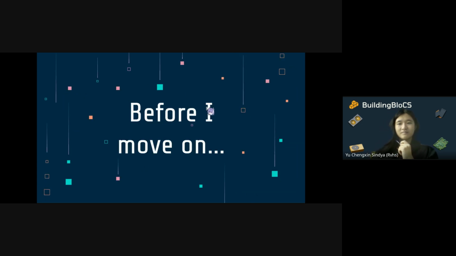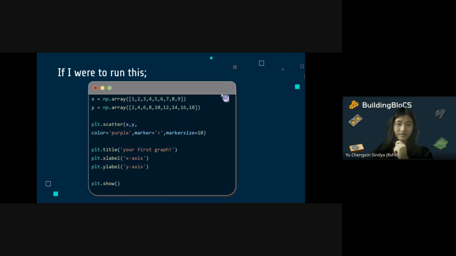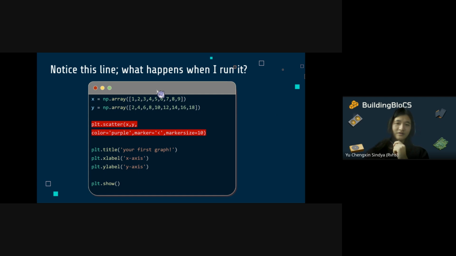Then before I move on, if I were to run this, as you can see, I've got the arguments color purple, marker is this, and marker size equals 10. Notice this line, okay? What happens when I run it? Okay, I'll live demo this, hold on.